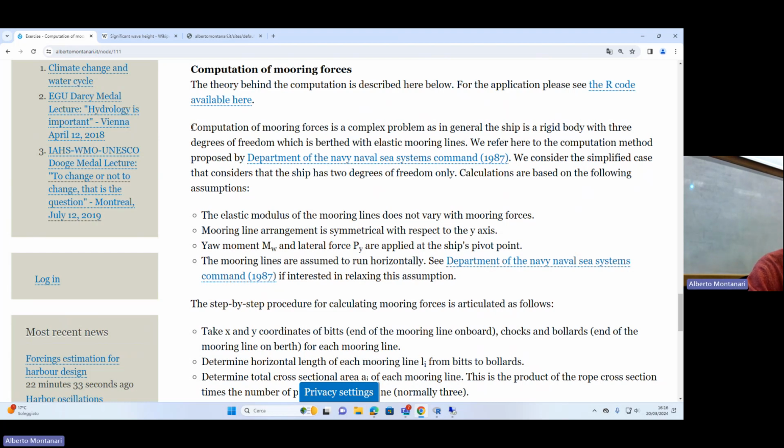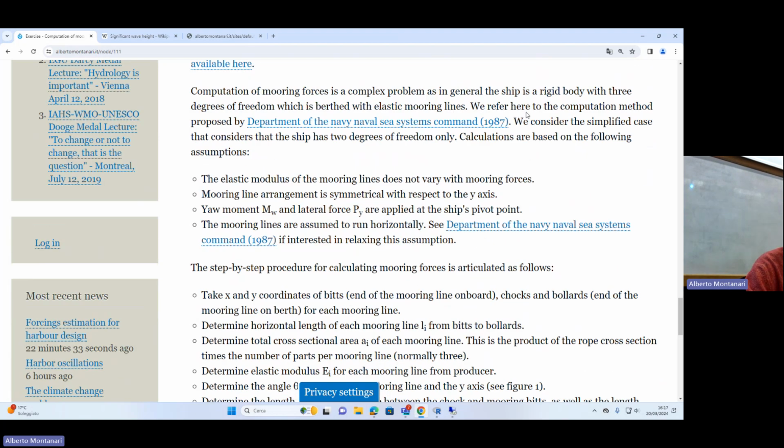Computation is a complex problem because the ship is a rigid body with 3 degrees of freedom, which is berthed with elastic mooring lines. We refer to 3 degrees of freedom because we don't consider all the 6 degrees. We consider only 3 degrees of freedom here.